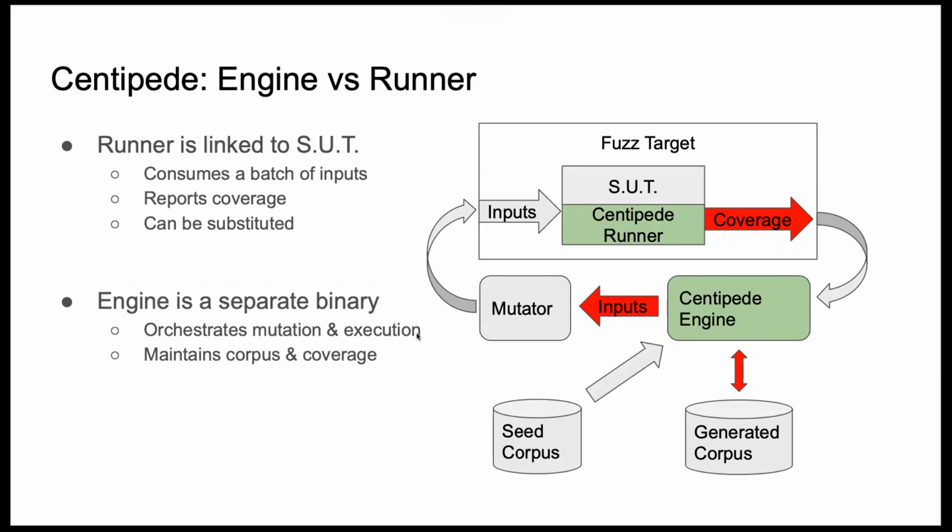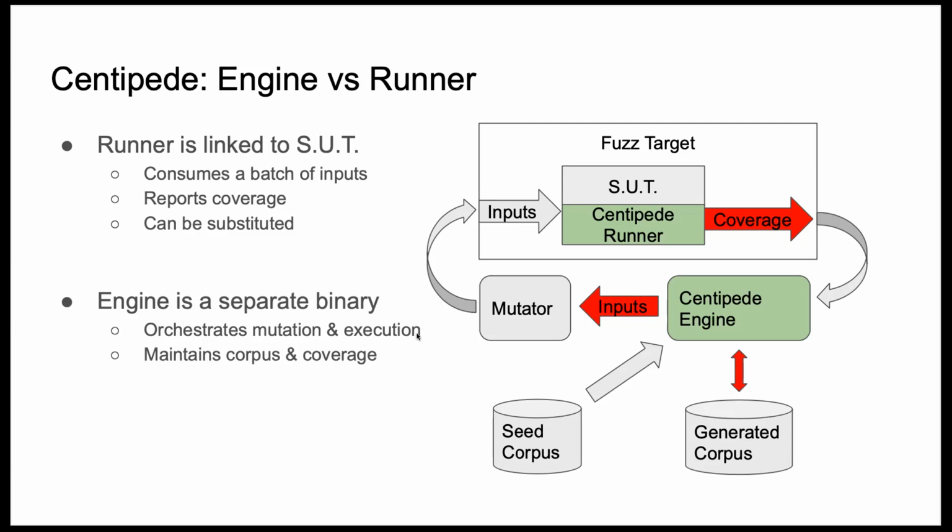Back to the picture from which I started. Centipede has two parts. One is the engine itself, a separate binary, which orchestrates mutation and execution and maintains the corpus. And we have a smaller library that links to your executable, which gives you the coverage instrumentation.